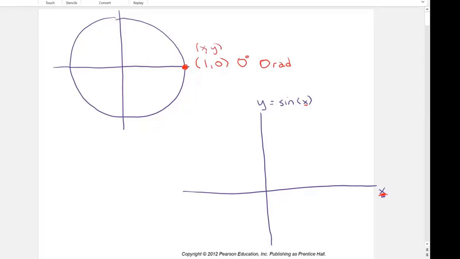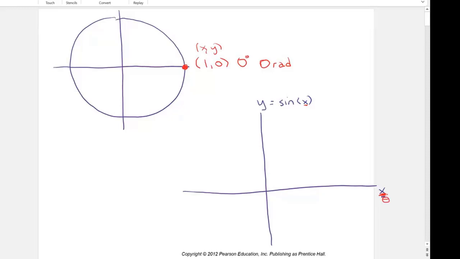If it helps, we can think of this as our angle theta, okay? But we're going to call it the x-axis. If I want to plot this first point, I'm only going to use graphing in radians. Anybody who's not really familiar with radians, we're going to get really familiar very quickly.